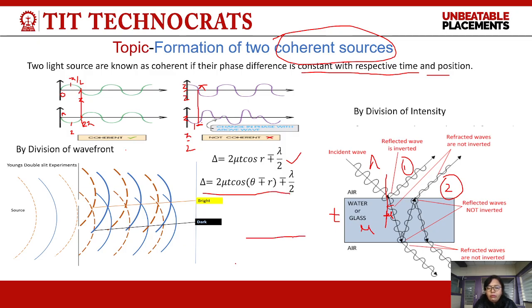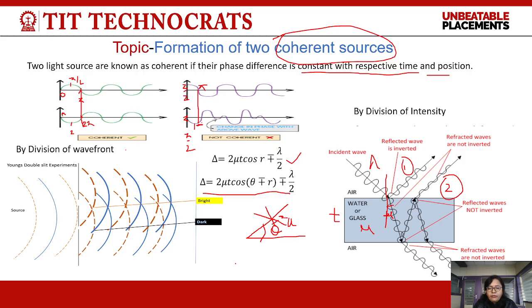As you know, a wedge shaped film consists of two surfaces inclined by some angle, and suppose this angle is theta. In this path difference, theta is the angle of inclination, mu is the refractive index of the thin film, and r is again the angle of refraction, which is here.